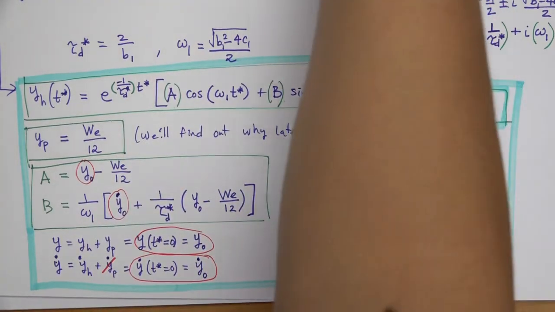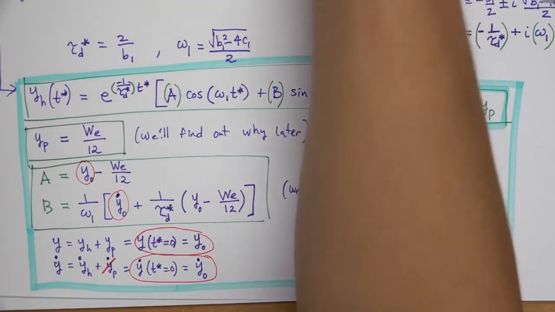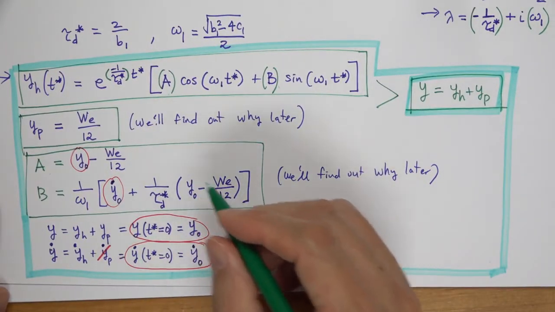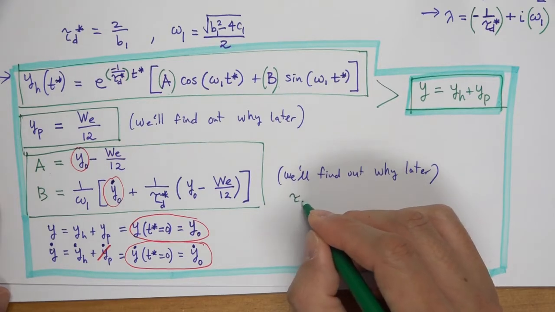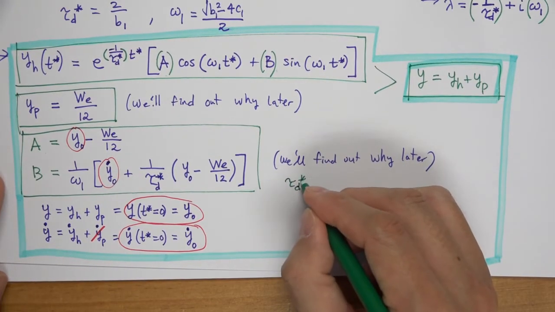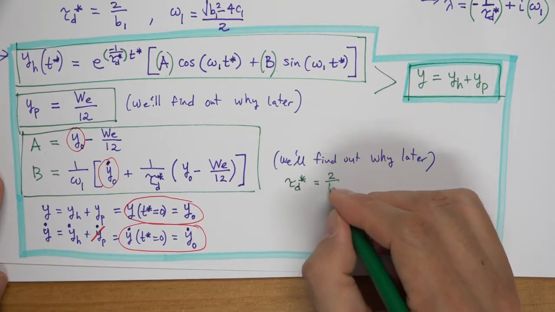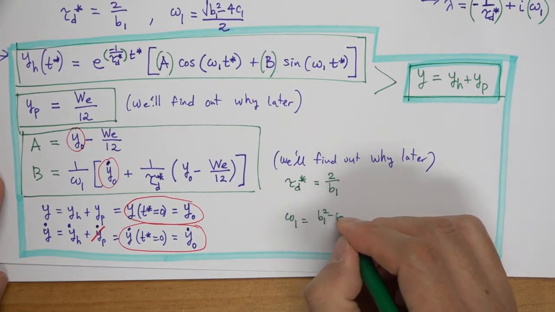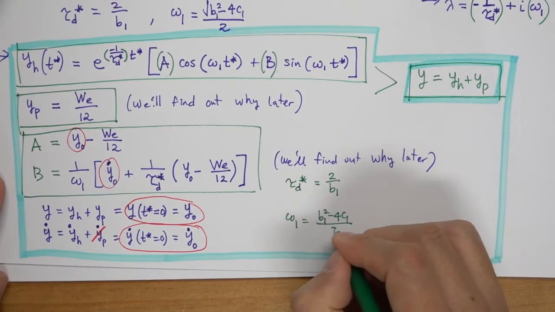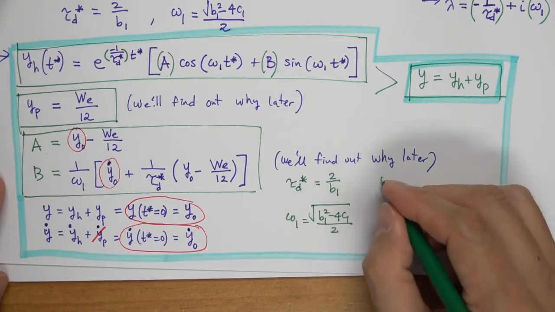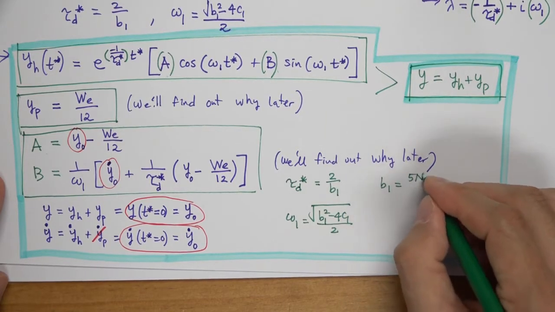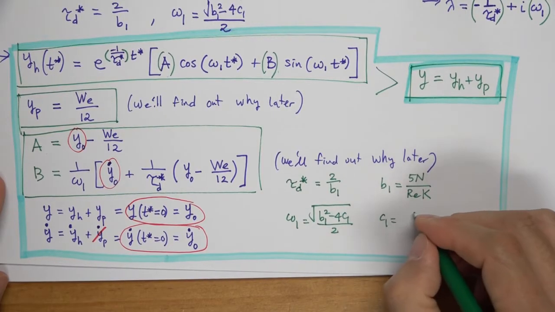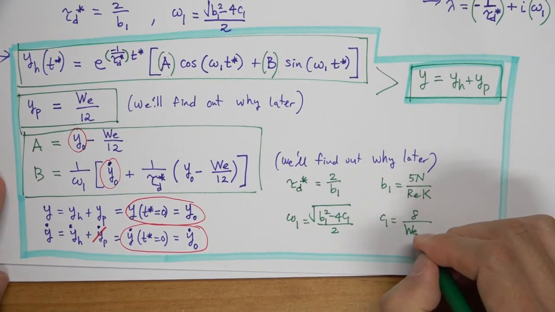And if I give you a more thorough summary here, I'll put a note that you already know tau d star is 2 over b1, and omega 1 is the square root of b1 squared minus 4c1, over 2, where b1 here is 5n over Re k, and c1 here is 8 over Weber number k.